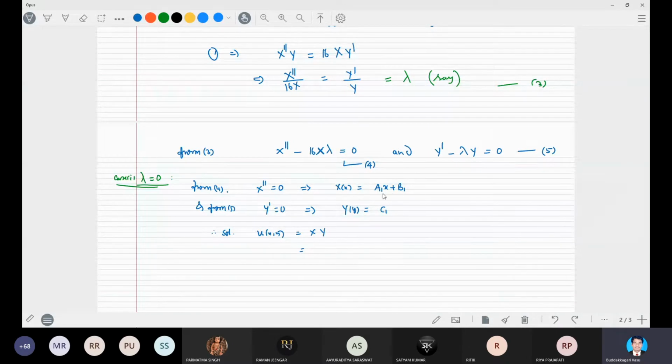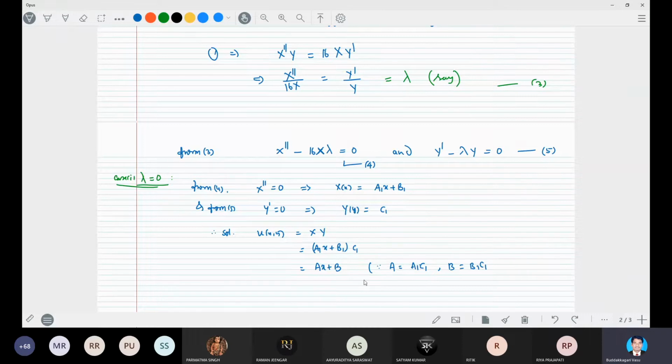So therefore, the solution is u of x comma y is equal to capital X into capital Y, where capital X, the solution which we have obtained for the case of lambda is equal to 0, is (a1 x plus b1) into c1, where a1, b1, c1 are arbitrary constants. Or we may take it as Ax plus B, where A is equal to a1 c1 and B is equal to b1 c1, because a1, b1, c1 are constants.